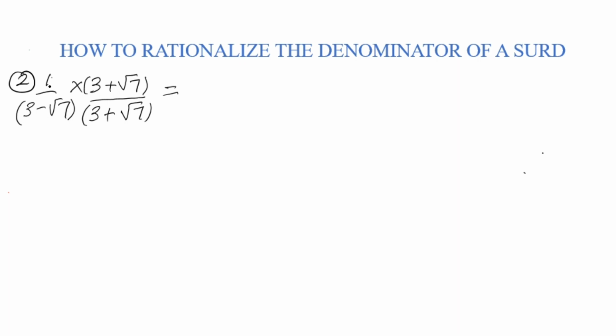So 1 times 3, basically the numerator is the same, which is 3 plus square root of 7, just because it's 1 over here, divided by 3 multiplies 3, which is 9. 3 multiplying root 7, positive, positive, positive. So it is 3 root 7.